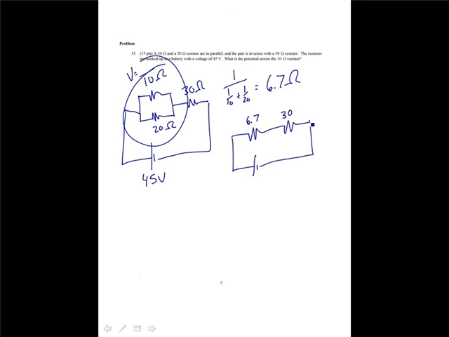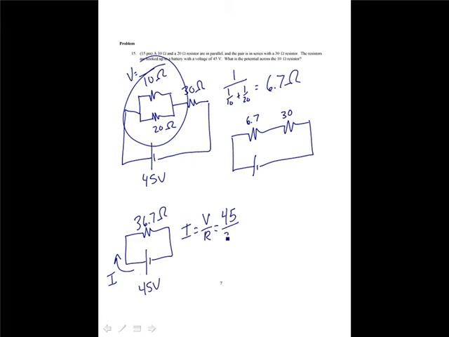And then again, my equivalent resistance of that is just 30 plus 6.7, so that's 36.7 ohms. This is 45 volts. So my current flowing through this is I equals V over R. That is 45 over 36.7. That's equal to 1.2 amps.